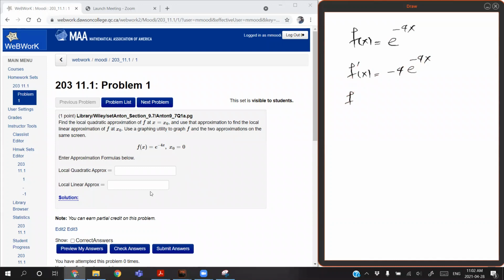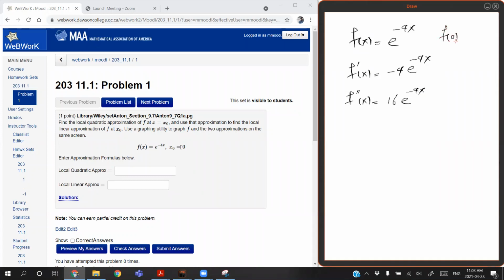And then the second derivative is going to be 16 e to the power of minus 4x. Now notice that we want to find these approximations around x equals 0, so I need to plug in 0 into all of them.